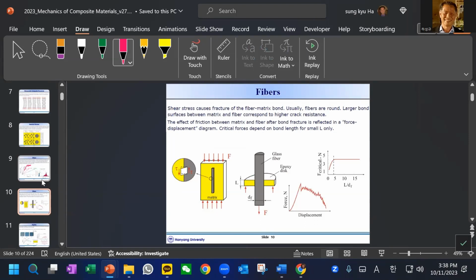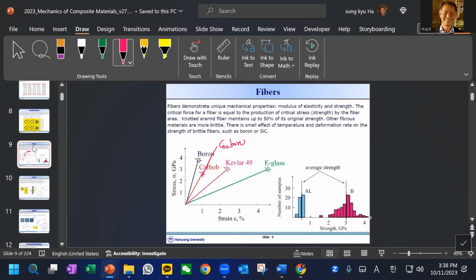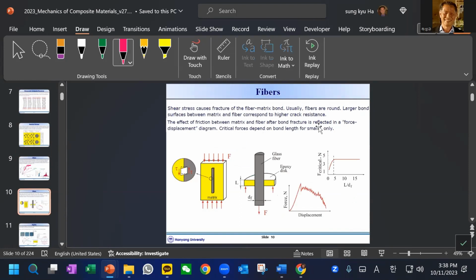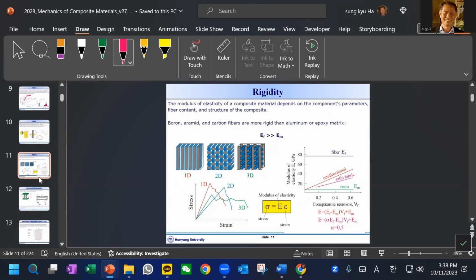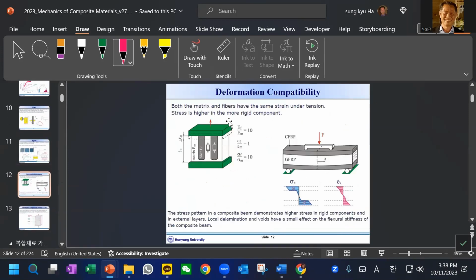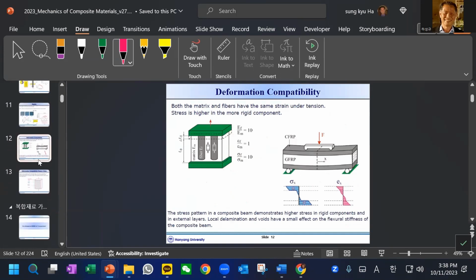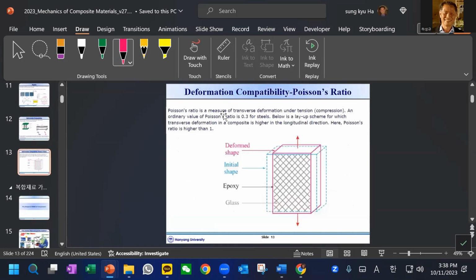Well, there are some ways to measure the fiber and epoxy rigidity by comparing the fiber and resin system. The Young's modulus, the stiffness of the fiber, is much larger than the resin system, and there is deformation compatibility in Poisson's ratio.